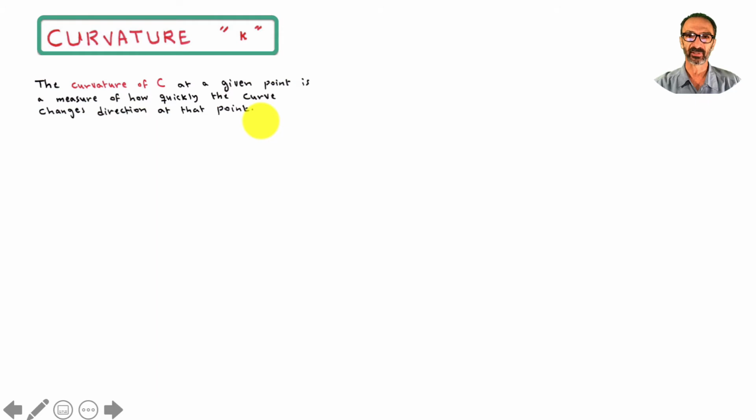Imagine you're driving a car in circles. The bigger the circle, you don't feel that you are turning. The smaller the circle, you are turning faster, especially if you're going at high speed. That's to describe what curvature is. The more that you curve, the higher the value of the curvature.